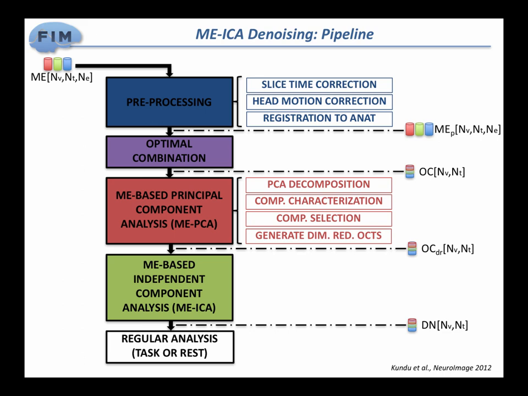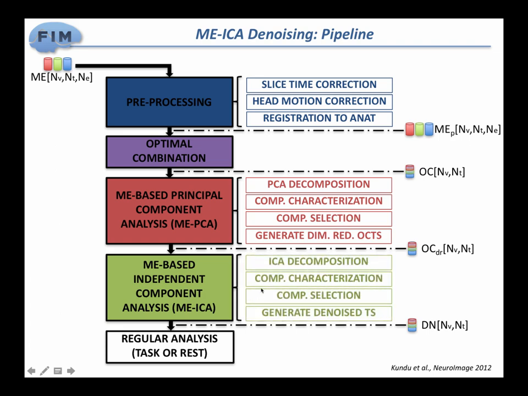Everything that has high kappa or rho, it's going to keep, put it together again, and that's going to be the input to the ICA, where it's going to do an ICA decomposition. For all the components that come out, it's going to compute the kappa, the rho, and 1,000 other things. Not 1,000, but a few more. And then it's going to do component selection based on that to give you the denoised time series.